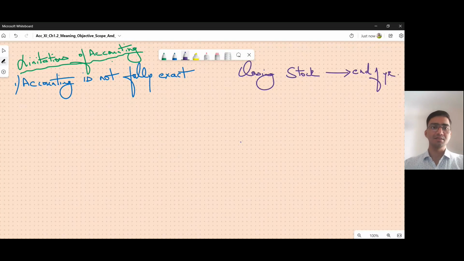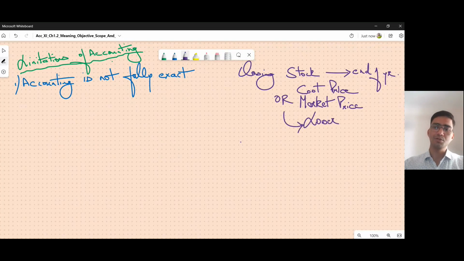Now we have some assumptions in this accounting. It's not a fully exact way of calculating it. So what is the assumption that we take? Closing stock is valued at cost price or the market price, whichever is lower.